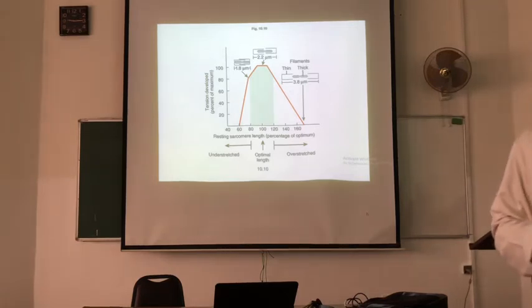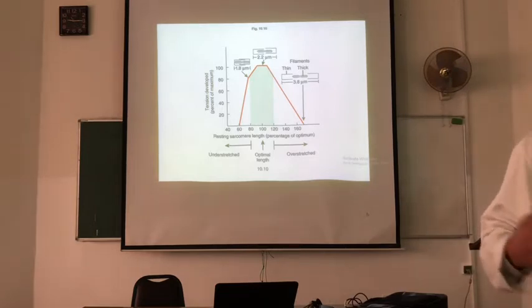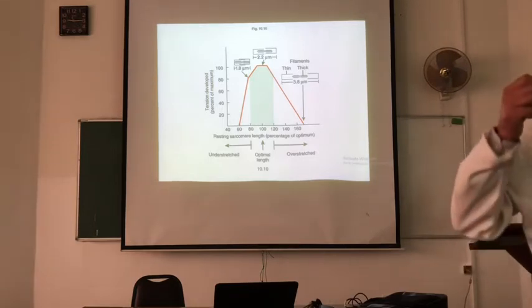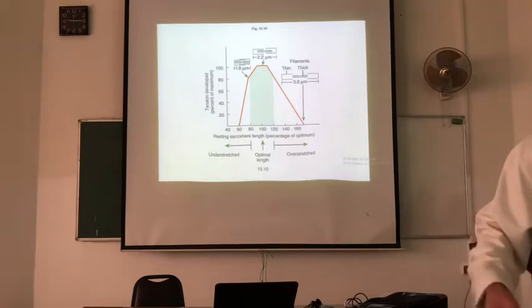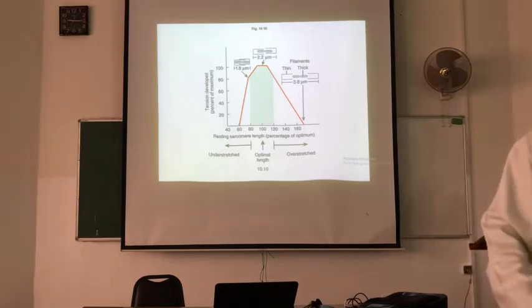So if you define contraction as the interaction between thick and thin filaments, which may result in shortening, but the heads of that muscle are fixed, you are not getting shortening. But if you have stimulated that muscle, it is a contraction.